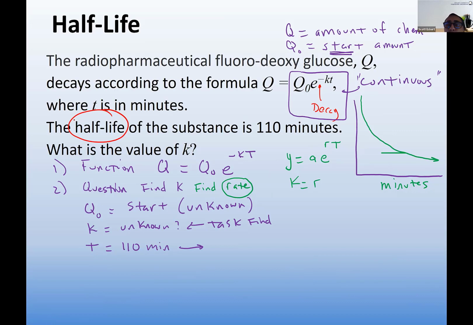So, if I were to start with 60 milliliters of radioactive chemical, what's going to happen in 110 minutes? Would it be at 30? Exactly. If I started with 60 milliliters, then in 110 minutes, I'd be down to half. That's what they mean by half-life. The amount goes down to the half-life. So I'm going to direct your attention up to the top here, to half-life.